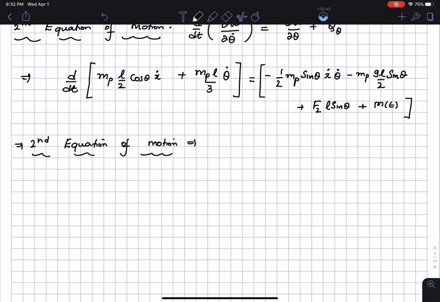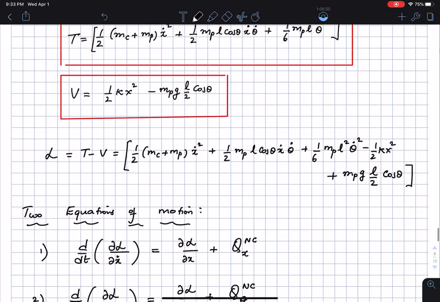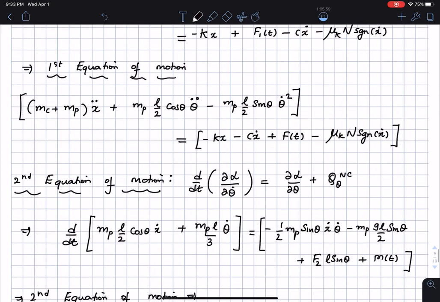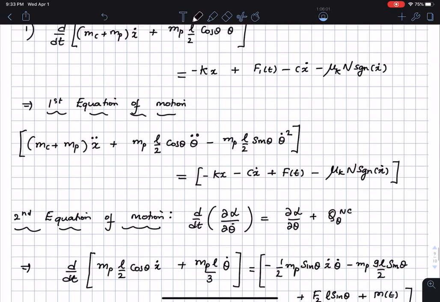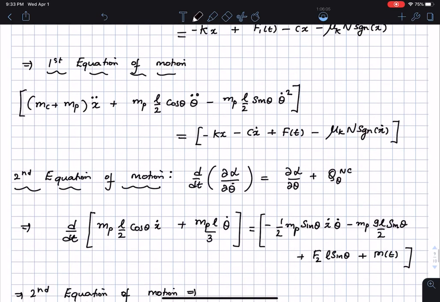On the other side, they vanish. So I'm going to have the following. Okay, mp L theta double dot by 3. Then I think there should be an L square term there. I think I forgot to bring the L square, so this is L square, I'm sorry. I also missed out on writing the L square there.